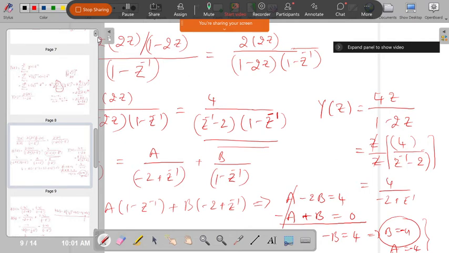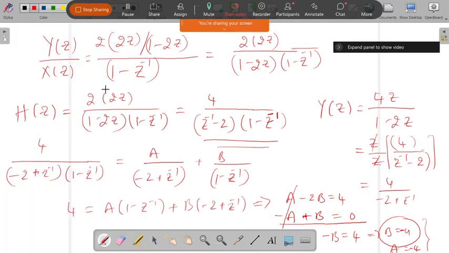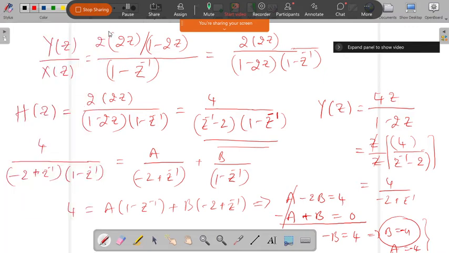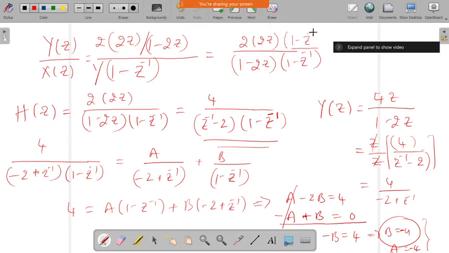And here x of z is 1 over 1 minus z inverse, that is correct. Here we have to take 1 over 1 minus z inverse, so that it will give numerator 1 minus z inverse.